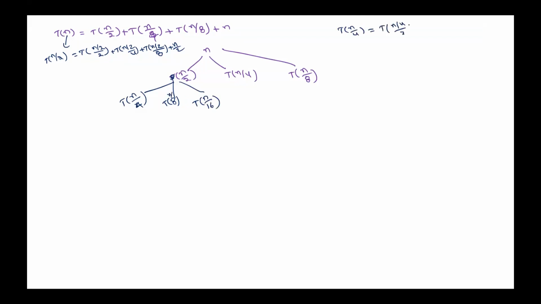T of n by 4 by 2, T of n by 4 by 4, T of n by 4 by 8 plus n. Is that okay? So it is T of n by 8, T of n by 16, T of n by 32 plus n. So now in place of T of n by 4, this thing we can replace, no?